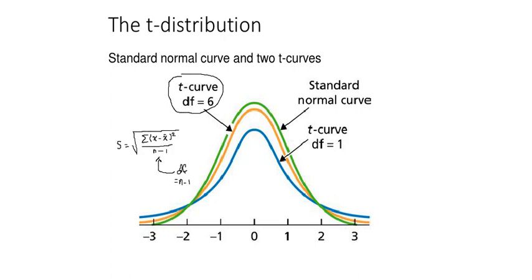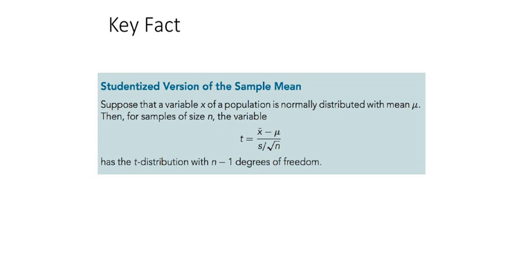Now this T curve, sometimes we call it the student's T curve, named after a statistician by the name of Student. That was his name. It's not because we're giving it to students, so don't feel traumatized or anything like that. The studentized version of the sample mean: suppose that X has a population that is normally distributed with a mean of mu.